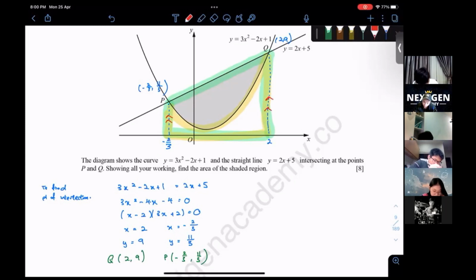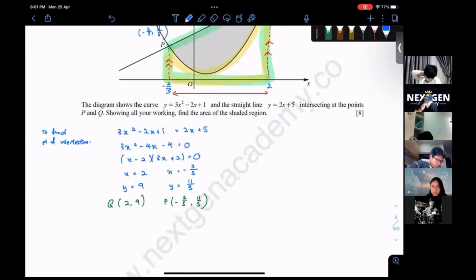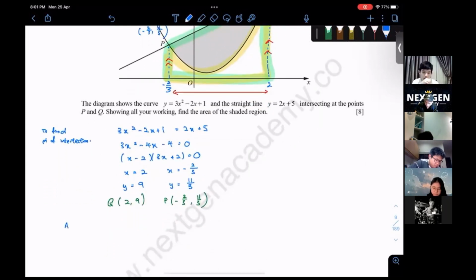We already have the parallel sides, which are your y values, 11 over 3 and 9. Then your height will be here, from 2 to negative 2 over 3, so 2 plus 2 over 3. You can try both ways. I'll show you the trapezium way, since you all tried the other way.